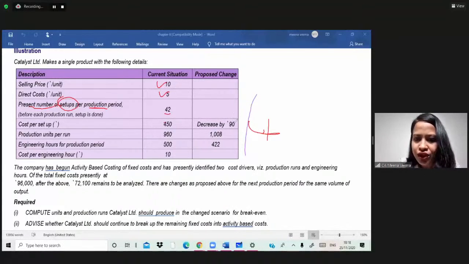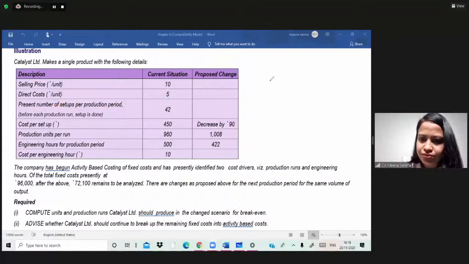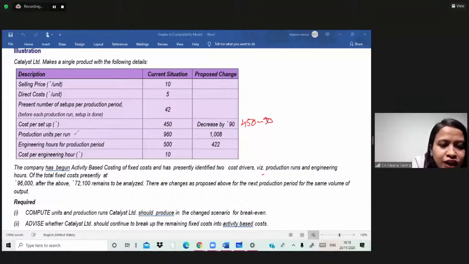So what will we do here? We will do 450 minus 90. What else do we have here? We have production units per run.